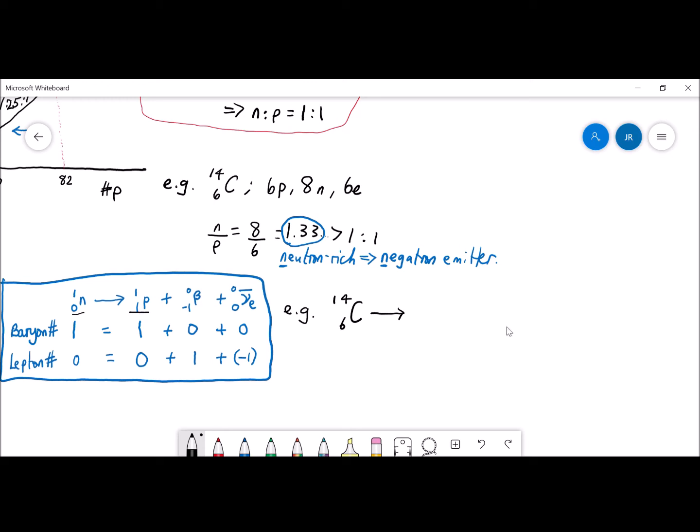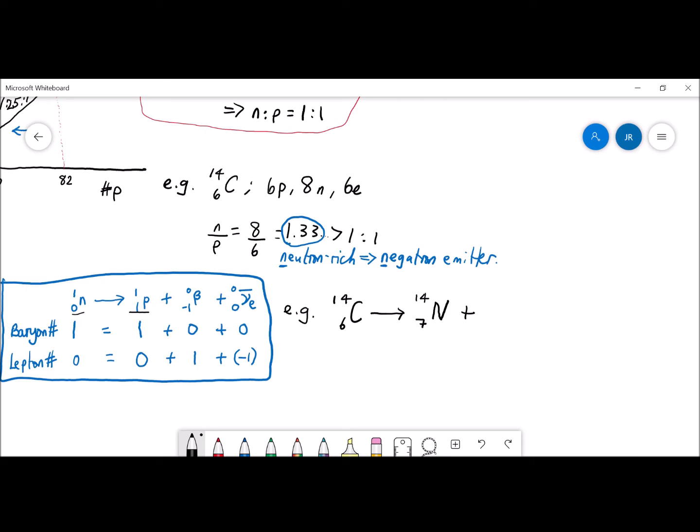It's not going to change the mass. 1 becomes 1, but it is going to change the atomic number. The atomic number is going to increase by 1. So I know that this is going to be 14. And I know that 6 is going to increase by 1 to 7. So I immediately know I've got an isotope of nitrogen, which has an atomic number of 7.